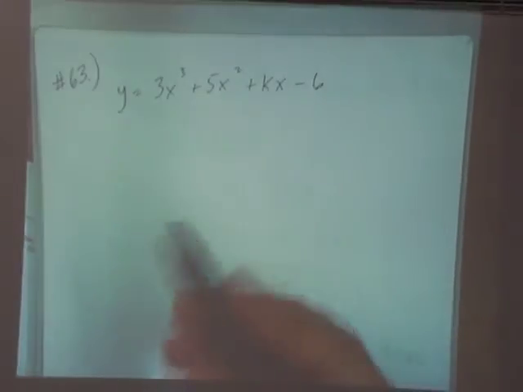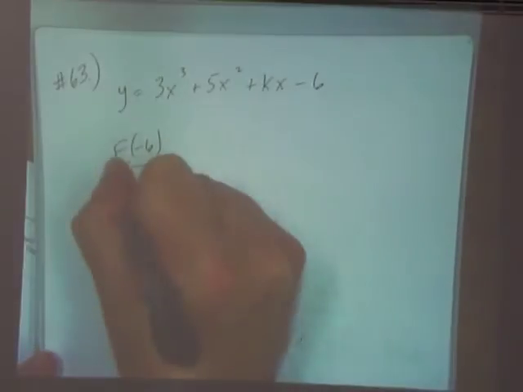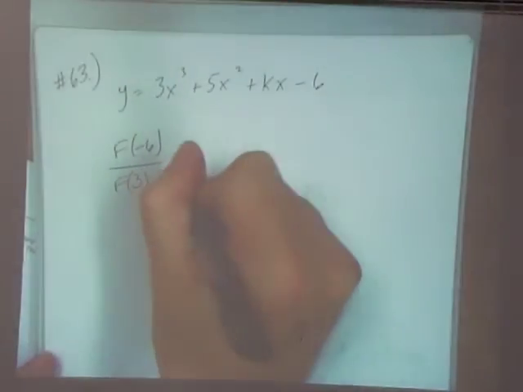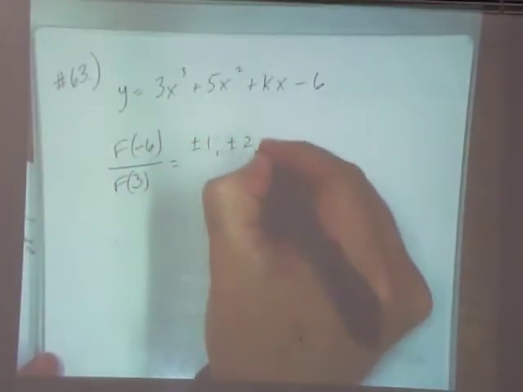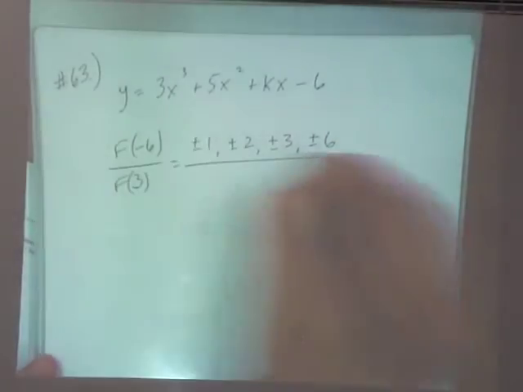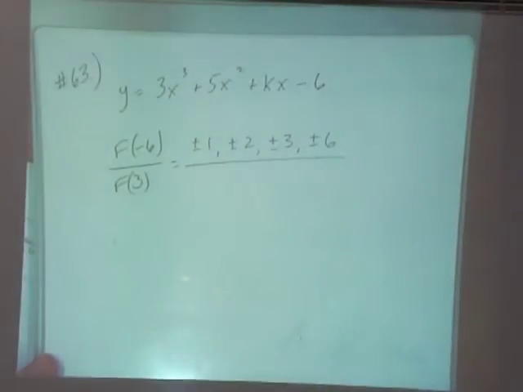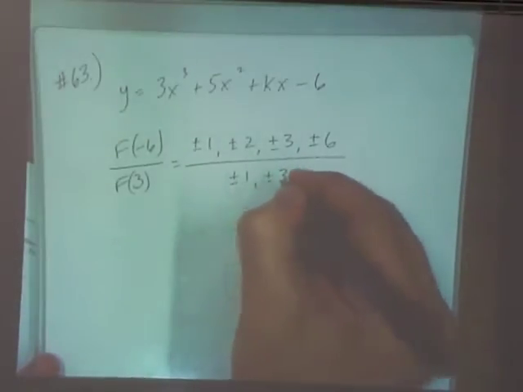So we need the factors of the -6 over the factors of the 3. Factors of 6 are plus or minus 1, plus or minus 2, plus or minus 3, and plus or minus 6. All those divided by plus or minus 1 and plus or minus 3.